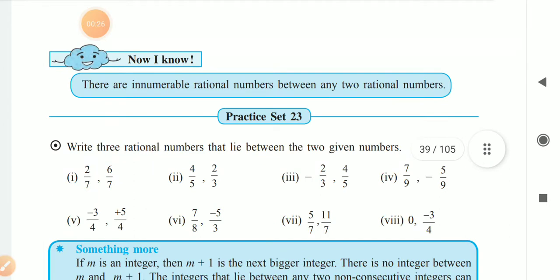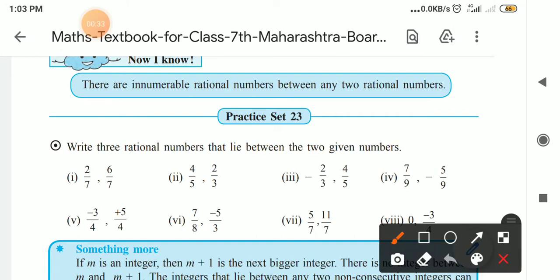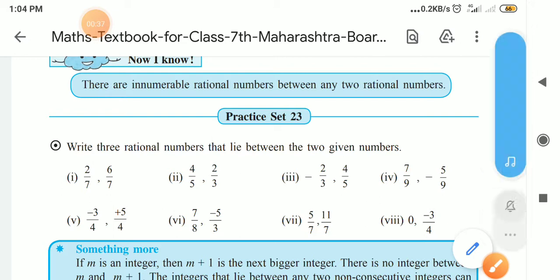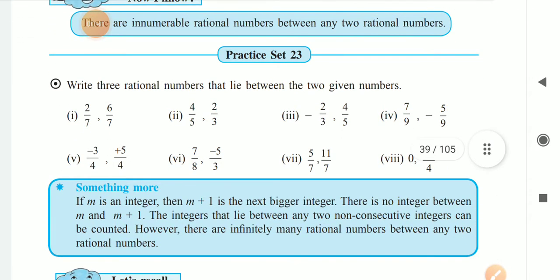Yesterday I told you how to find the numbers in between two rational numbers, and I hope you solved practice set number 23 also, because some of the example answers I told you in yesterday's lecture. So today we will see the next part, that is the division.